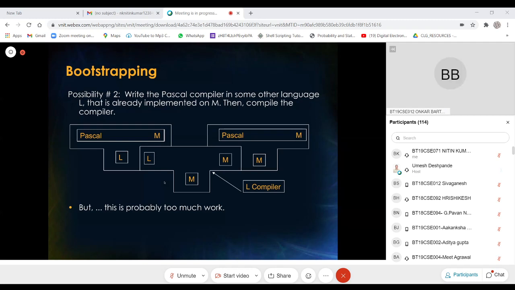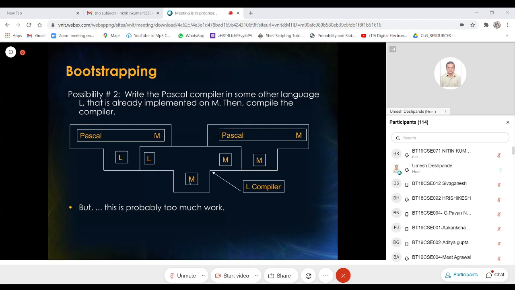Let's say that language is L. So we have an existing compiler of L. Just take a look at this inner T diagram, which is this L compiler. It takes any program written in L and translates it into an equivalent program written in M for that machine M. And we have the executable version of this particular compiler, so the implementation language is also M.